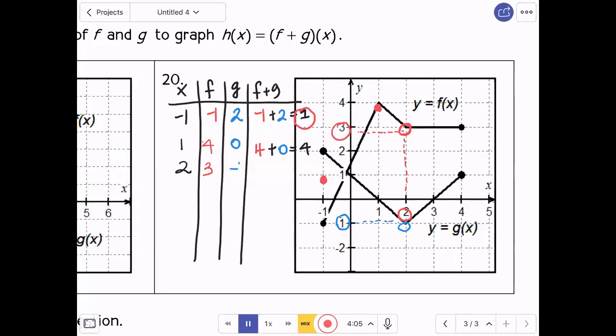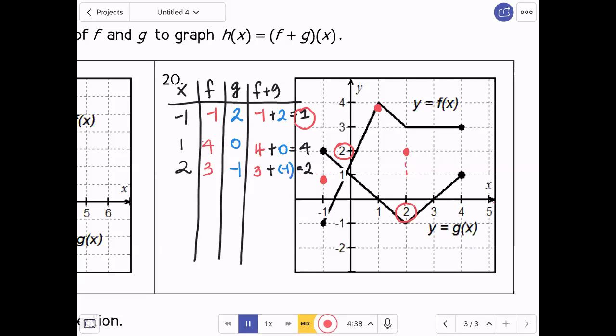Therefore f, which is 3, plus g, -1, equals 2. So at 2, your new point will be here, where x is 2 and y is 2.